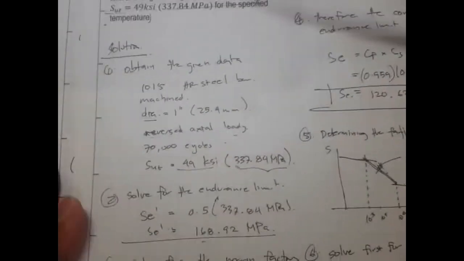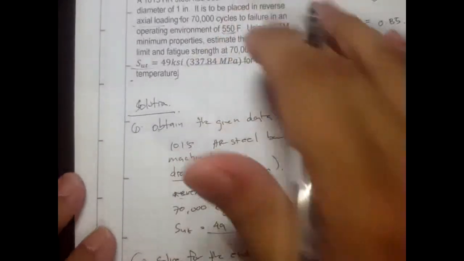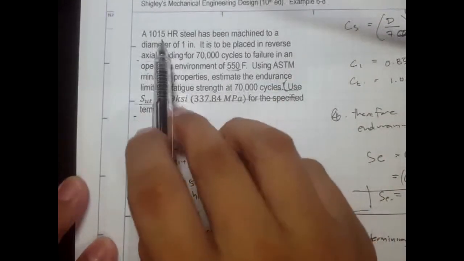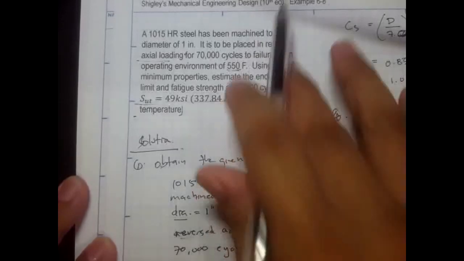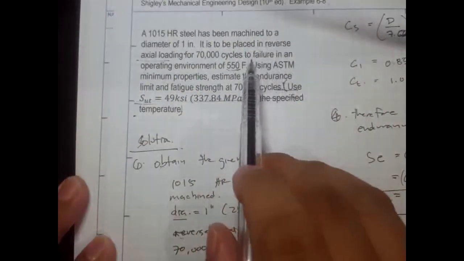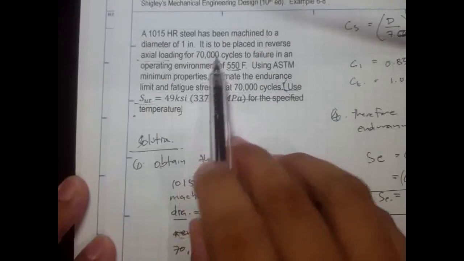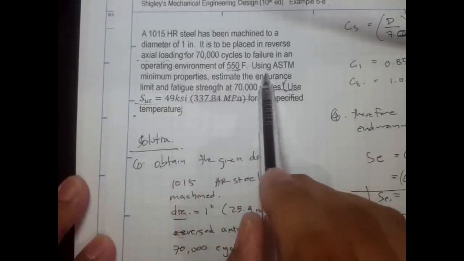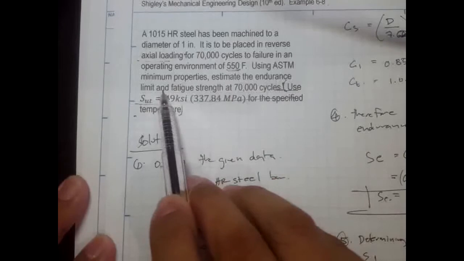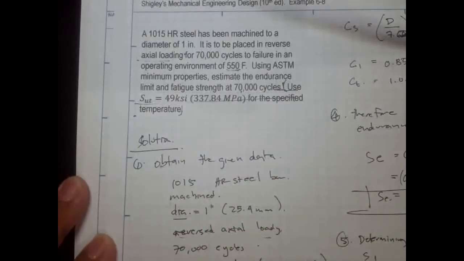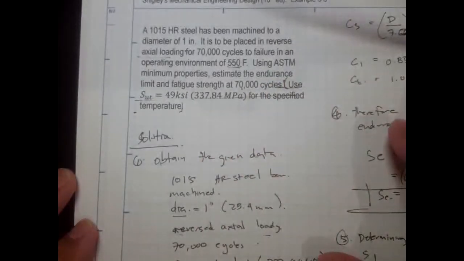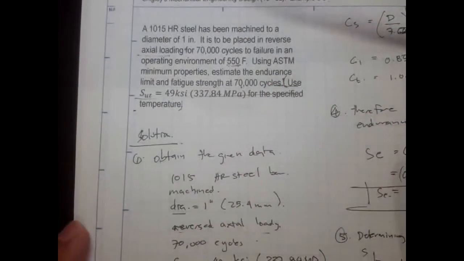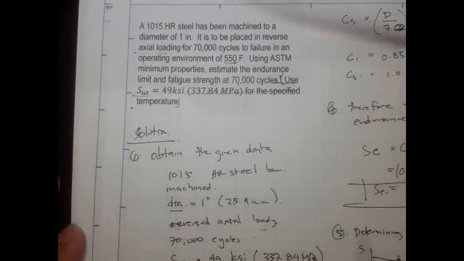Okay, so let's review our procedure. The given here is a 1015 HR steel, with these conditions right here, and the main question is to estimate the endurance limit and fatigue strength at 70,000 cycles. We are considering the actual conditions, so we have to take into account the deviations from the standard specimen.